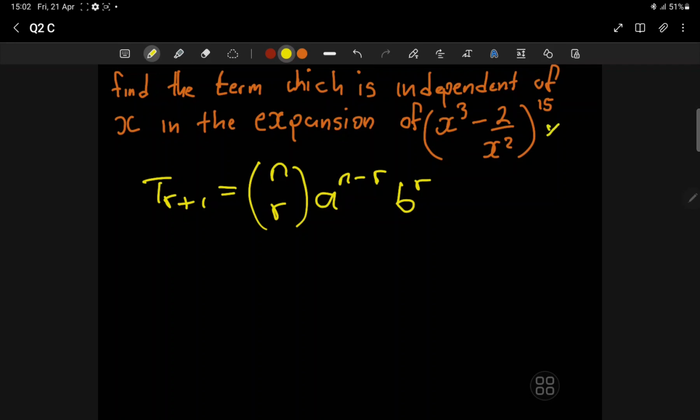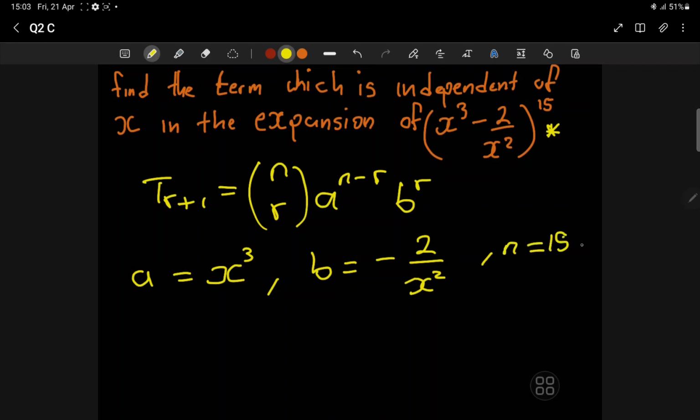Looking at this expression, we can identify that a is equal to x^3, b is equal to -2/x^2, and n is equal to 15. The value for r we don't know, so we have to look for this.